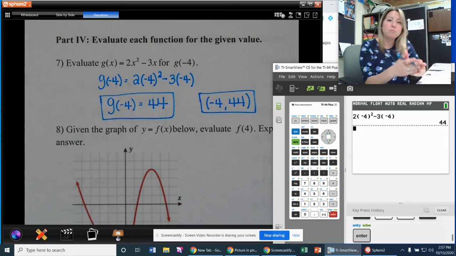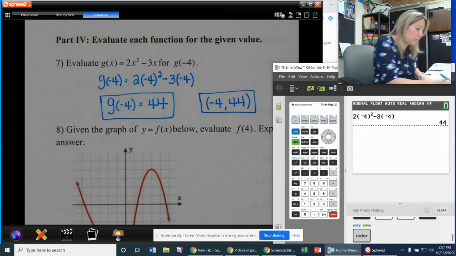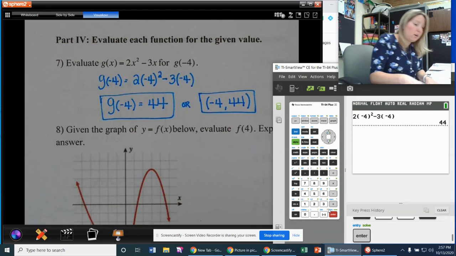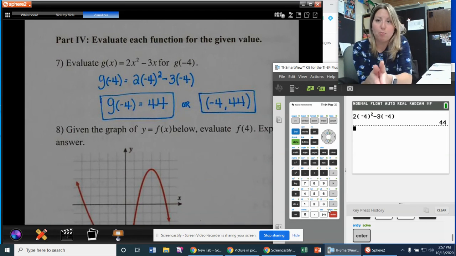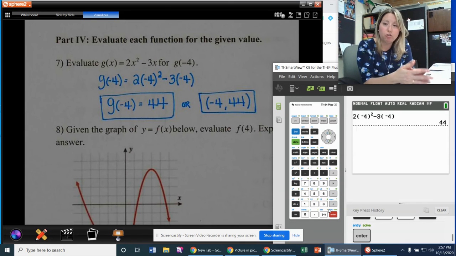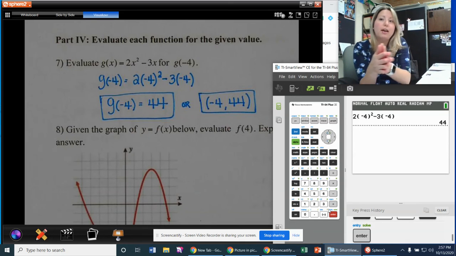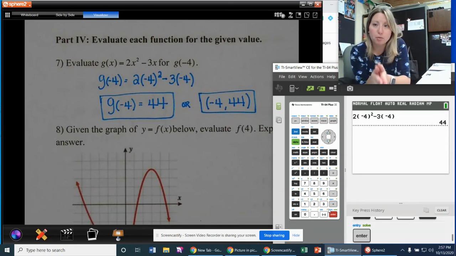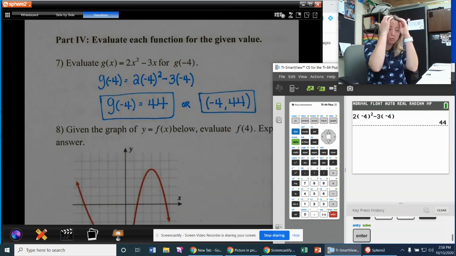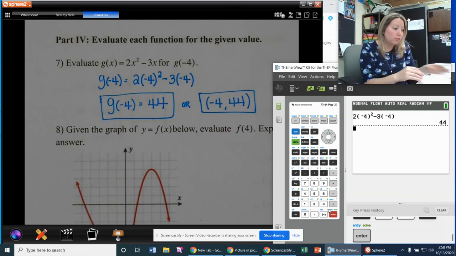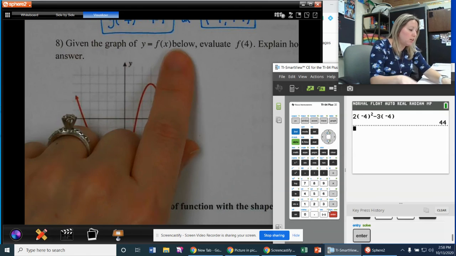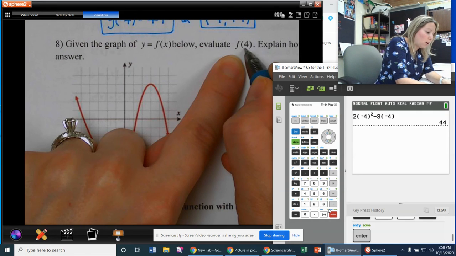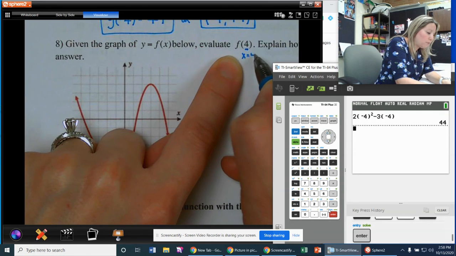Because anytime you are using that input, you're getting an output. And that input is your X value, a point. That output is your Y value, part of the point. Okay? That's what you're doing. That's what you're finding. And so when you see it on a graph here, I want f of 4. Well, that's your X value of 4.